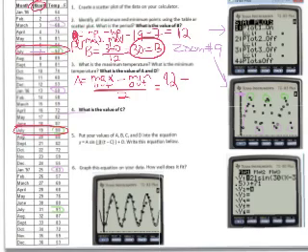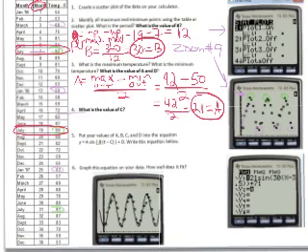So those are what I'm going to use. That gives you 42 divided by 2, which is 21, your A value. And then your D value is going to be 92 plus 50 over 2. So 92 plus 50 is 142, divided by 2, so that would be 71.